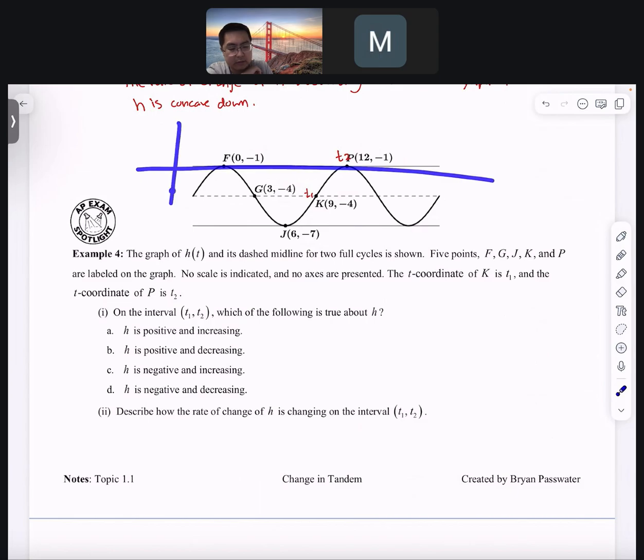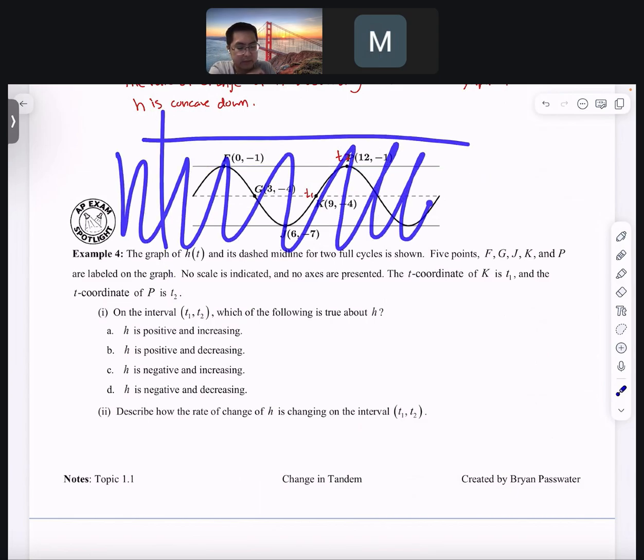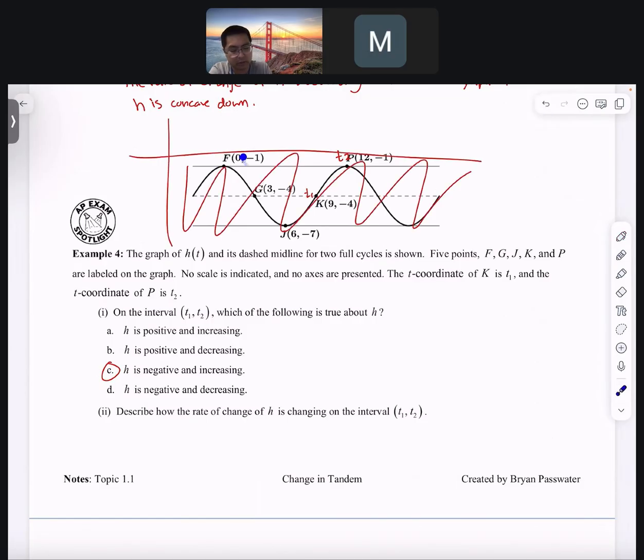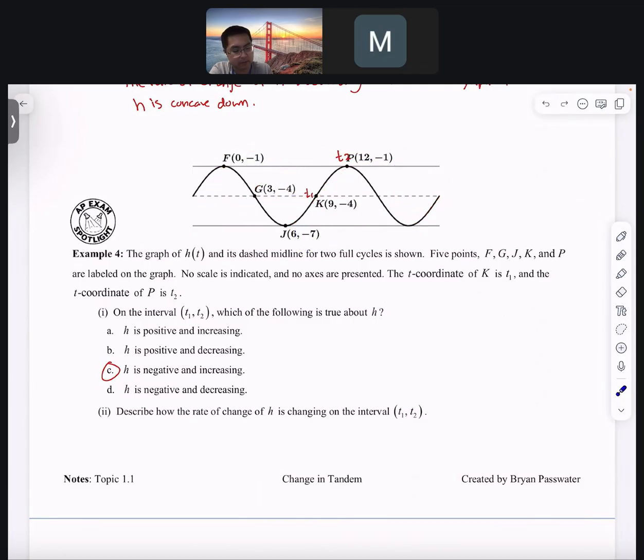That means this is all below the x-axis, so as a result, h is negative. So h is negative because everything is below the x-axis, and it's increasing because from t1 to t2, or from K to P, it's going up. So that would be C.